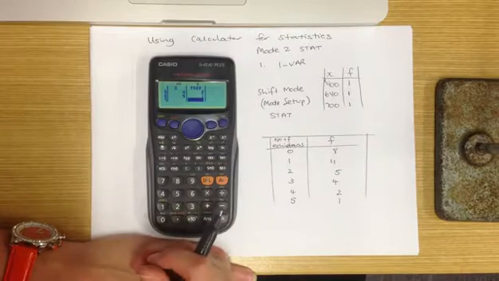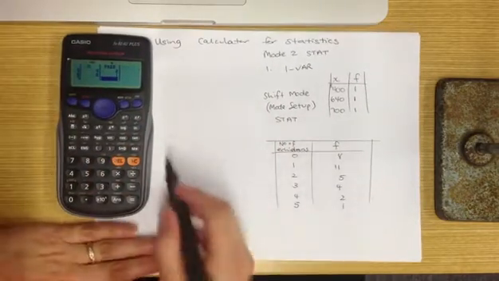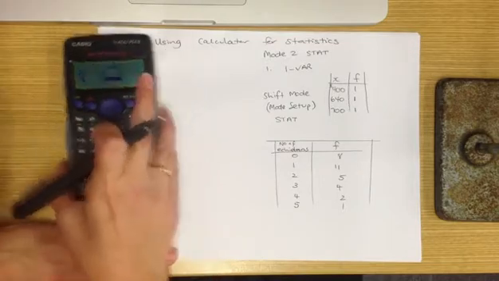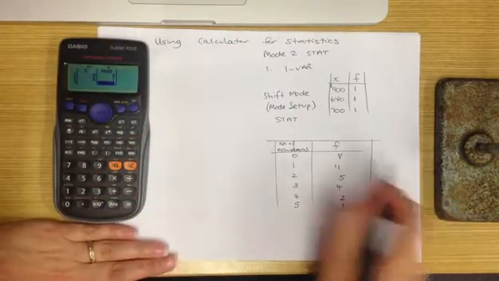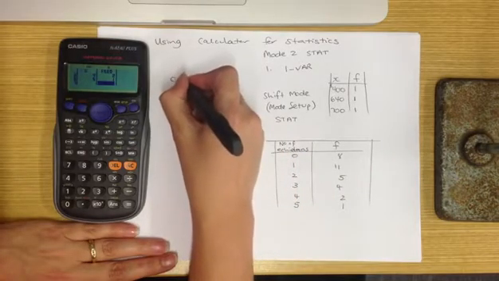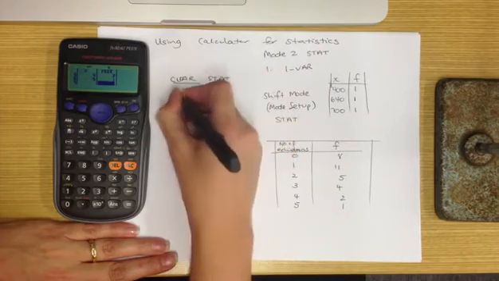Okay, when I've entered them, then I can use my statistics to do some calculations. Now one of the first things that I needed to do, and I actually didn't show you this, but you need to make sure that you do it, is you need to clear your stat memory every single time you do this.